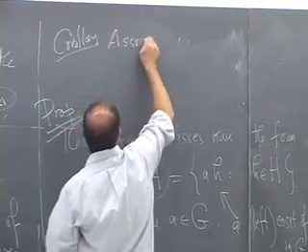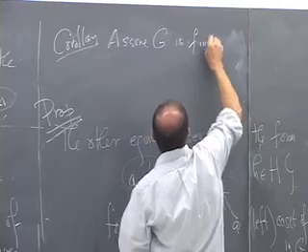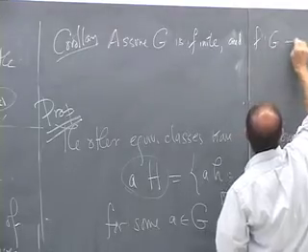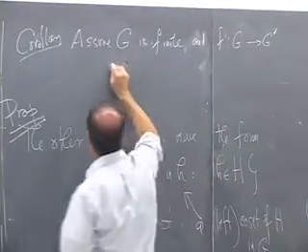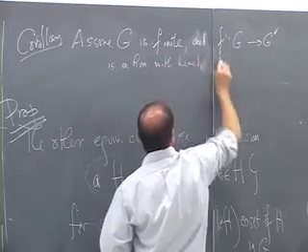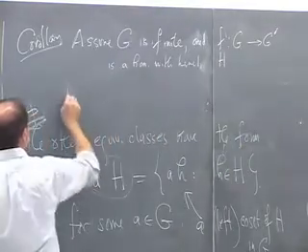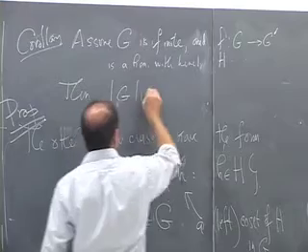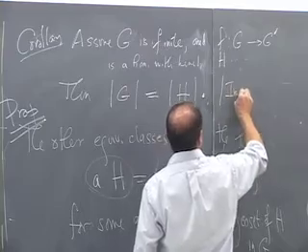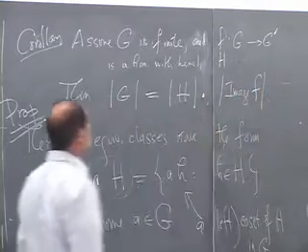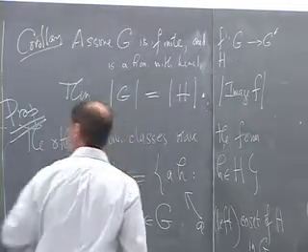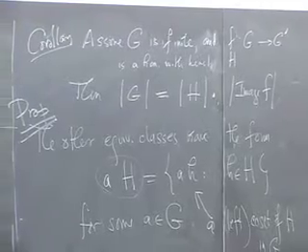Assume G is finite, and F from G to G prime is a homomorphism with kernel H. Then the order of G is equal to the order of H times the order of the image of F. Because we exhaust G in this picture by adding up the different elements in the cosets.